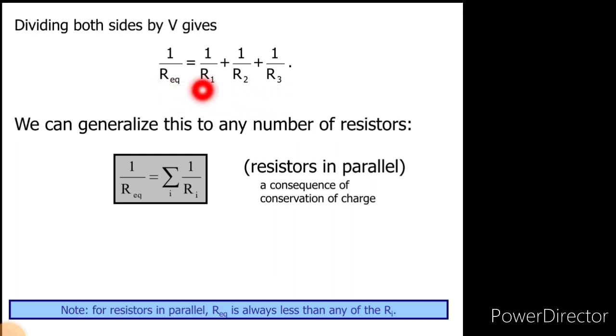So for example, if R1 is 2, R2 is 3, and R3 is 4, then ang expected value natin ng R equivalent is less than 2. Okay? Ayan. So, ibig sabihin nito, kapag ang resistor is connected in parallel, bumababa yung total resistance nung circuit natin.